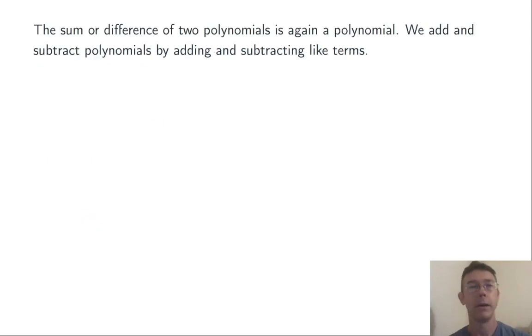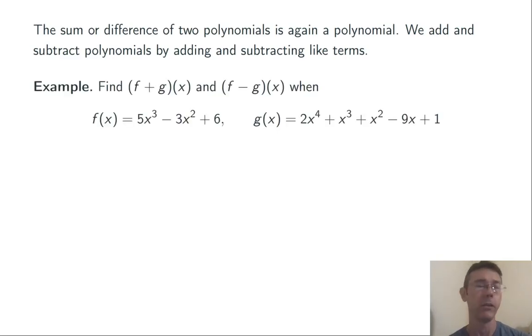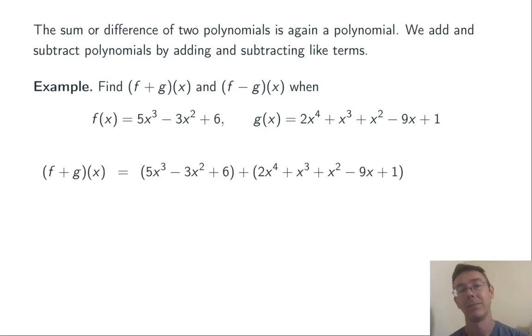One nice thing about polynomials is that we can add and subtract them and get polynomials back. We do this just by adding and subtracting the like terms. Here's an example. Here are two functions, f and g. They're both polynomials. Let's find f plus g and f minus g. So I'm writing down the formulas for f and g, both in parentheses, and adding the two.